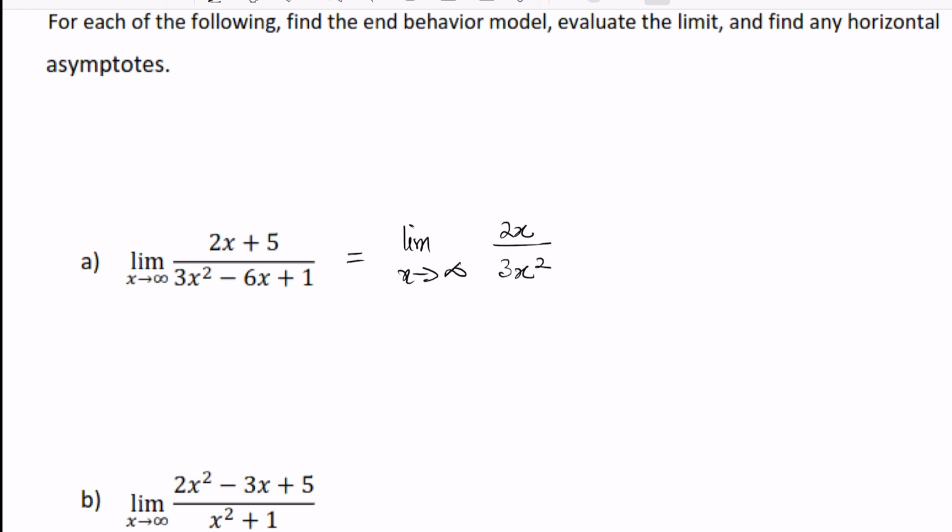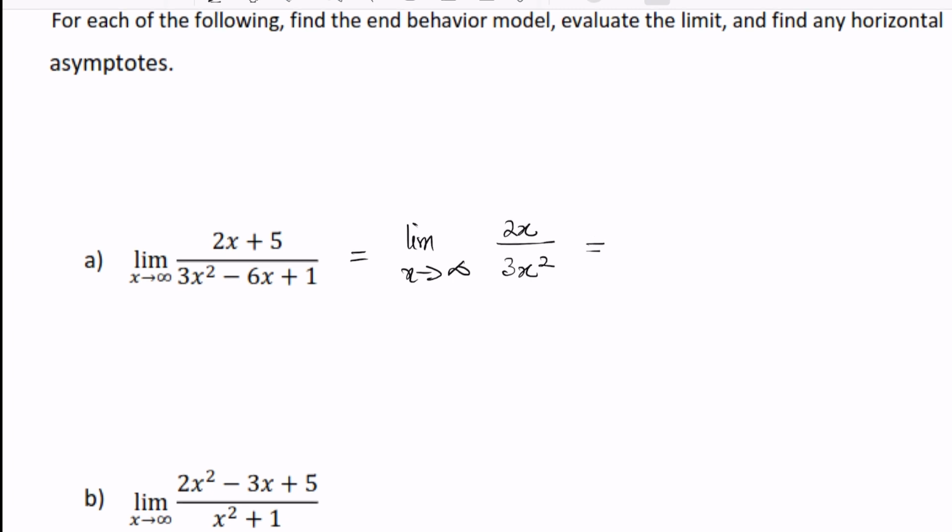And we forget about the remaining part of the function. We only focus on the highest power of x. Why are we doing this? Because we are considering x approaching infinity.